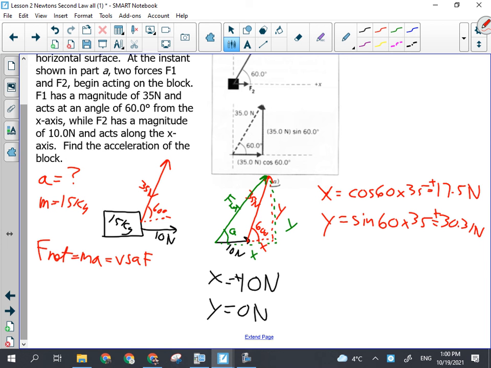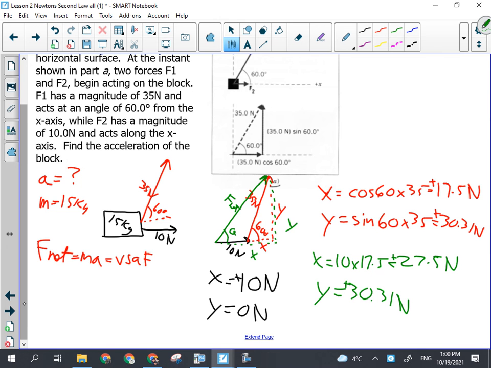So now that I have all of that, green x will be 10 plus 17.5, so it'll be 27.5 newtons, and green y is going to be positive 30.31 because green y and red y are equal. Everybody all right with that? Vector addition from the last unit.